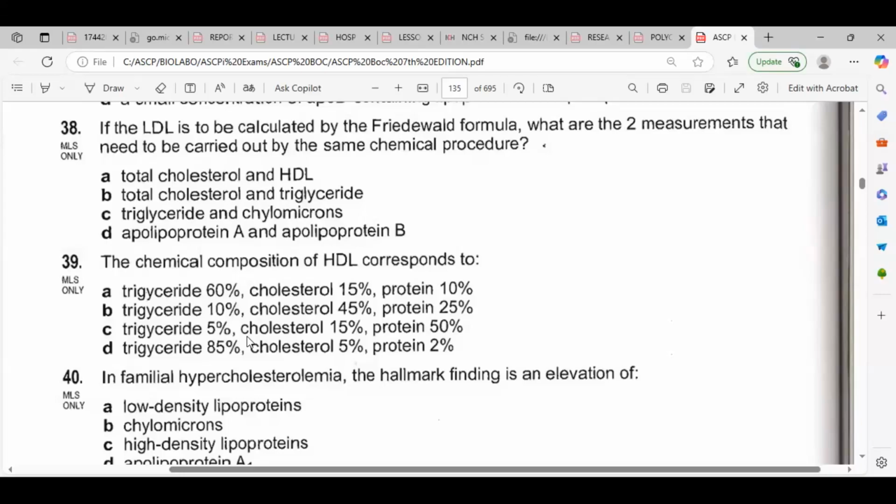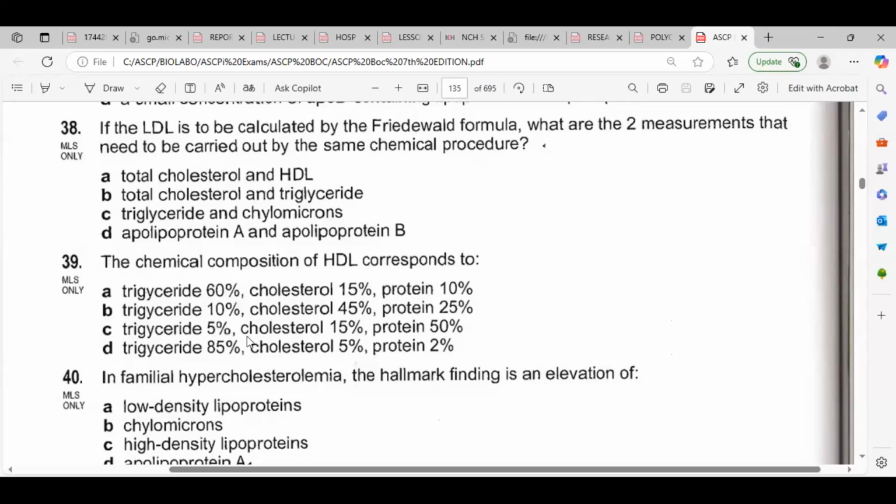When it is a very heavy lipoprotein, it contains a very high concentration of protein, because protein is heavy. Triglyceride and cholesterol must be low.